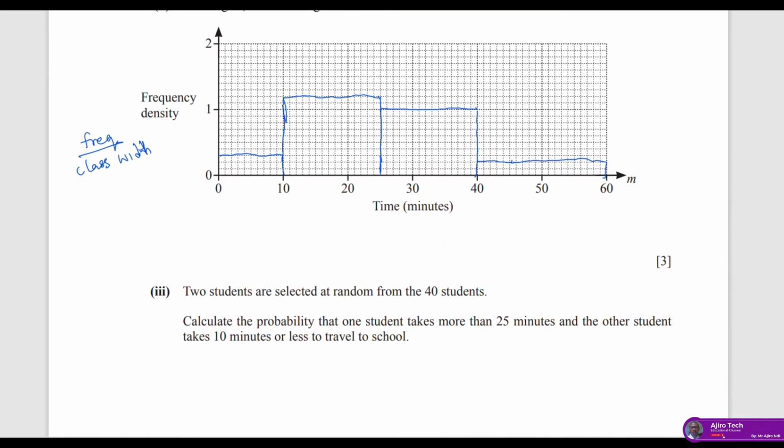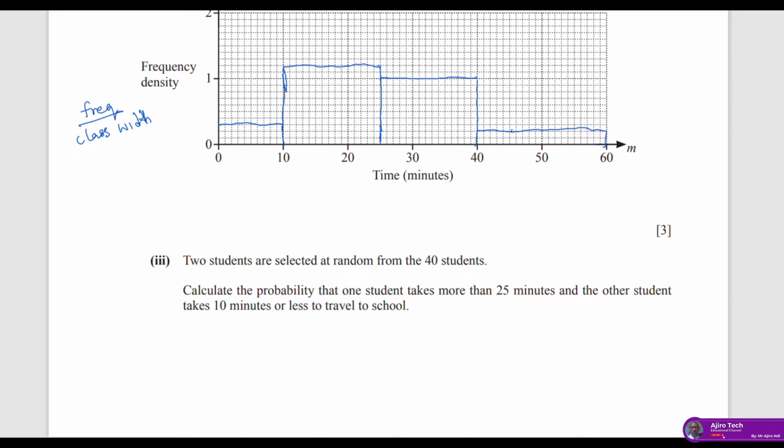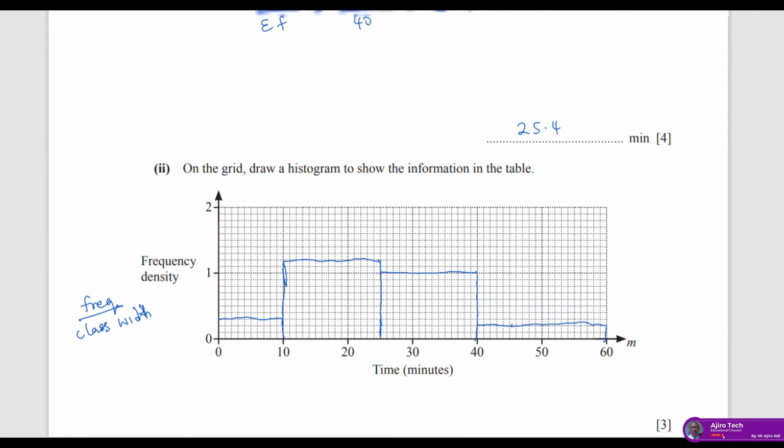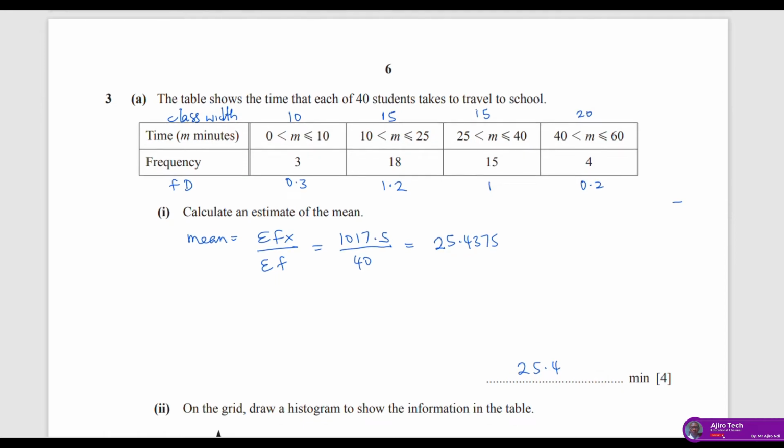Two students are selected at random from the 40 students. Calculate the probability that one student takes more than 25 minutes and the other takes 10 minutes or less. Let's say this is group A that takes more than 25 minutes. How many students take more than 25 minutes? This point is the 25-minute point.